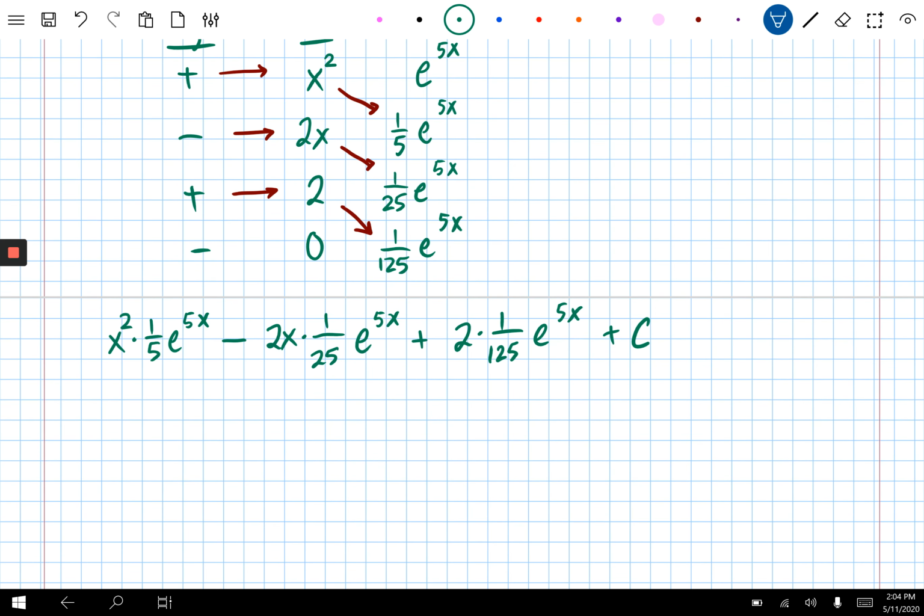So let's clean it up. I'll put the coefficients out front. So 1/5 x squared e to the 5x minus 2/25 x e to the 5x plus 2/125 e to the 5x plus c.